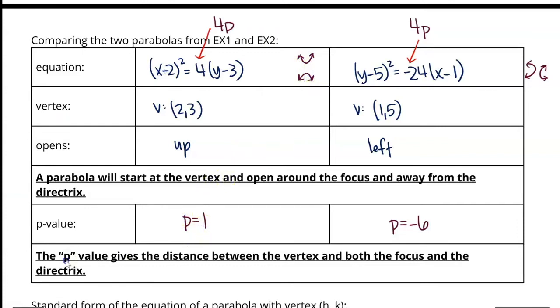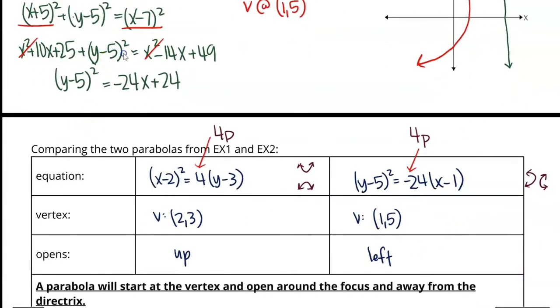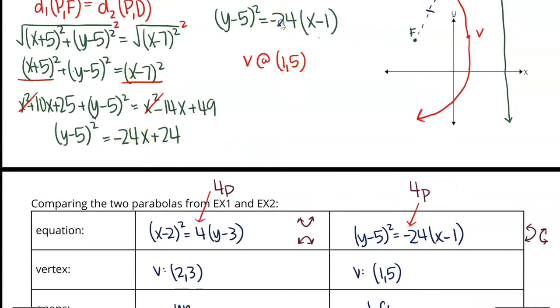The other thing the p-value tells you is the distance between the vertex and both the focus and the directrix. So we know that the vertex is equidistant from both, okay? And in this case, because I factored that -24 out, that's 4 times 6. Notice that the vertex is 6 units from the directrix, which is at 7, and 6 units from the focus, which is at -5.